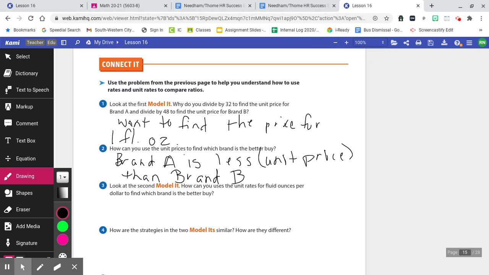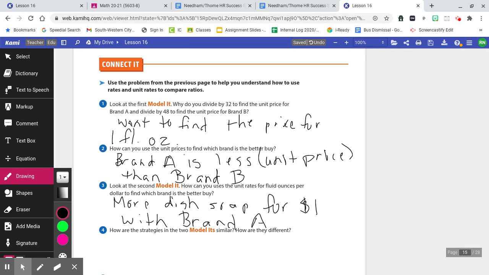So again, you get more dish soap for $1 with brand A than with brand B. So either way, I could have found how much it costs for 1 ounce, or I could have found out how many ounces I get for $1.